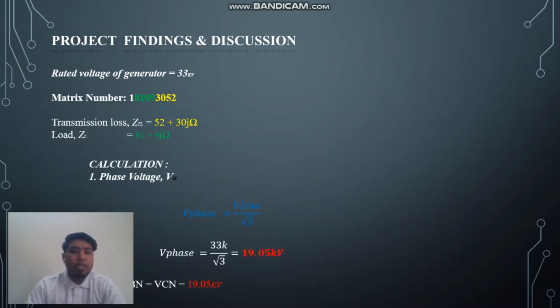This is the calculation for the phase voltage. The equation is V phase equals V line over square root of 3, and the result I get is 19.5 kV for the calculation.